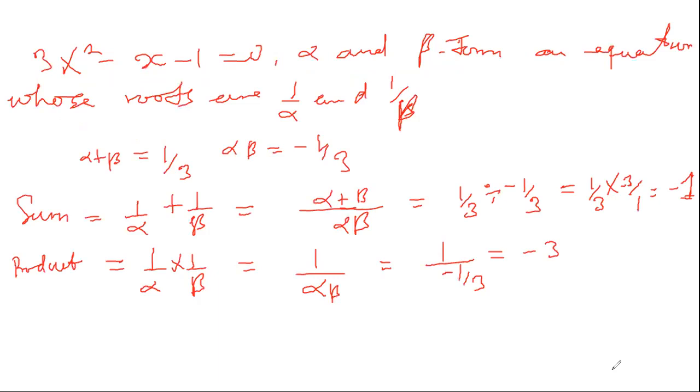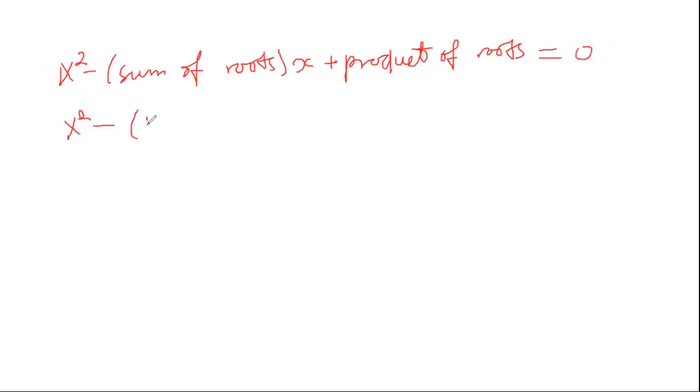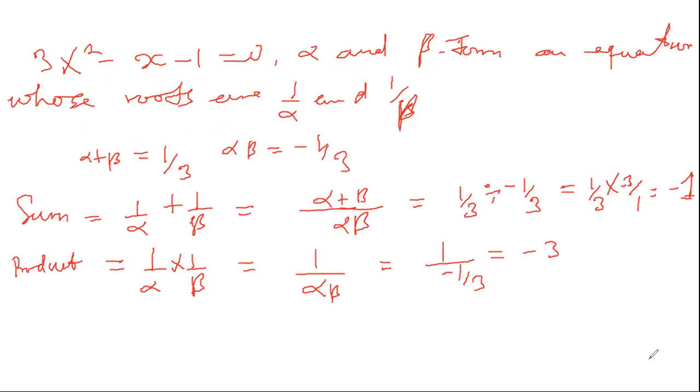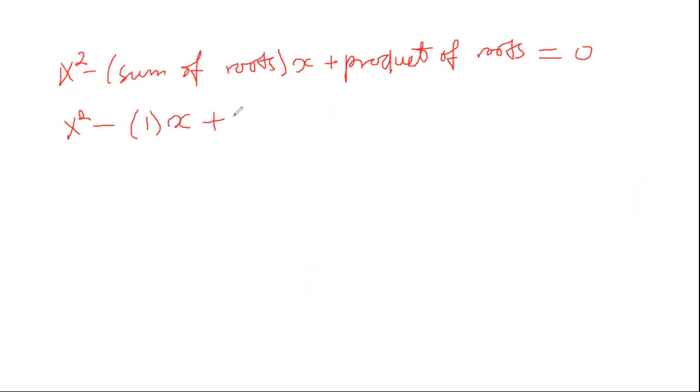The sum gave us negative 1. So negative 1 times x, then plus product. What did product give us? Negative 3. Minus 3 is equal to 0. So our equation would be x squared minus x minus 3 is equal to 0. So that would be our equation.